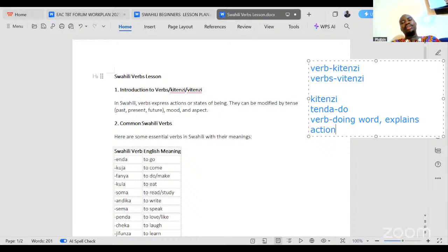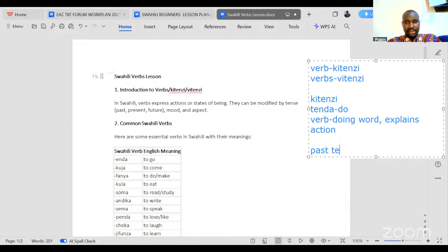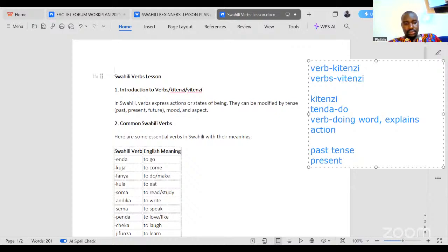Now they can be modified, because most of the verbs must be put into context. So we have past tense. They can either be in past tense, or in present tense, or in future tense.